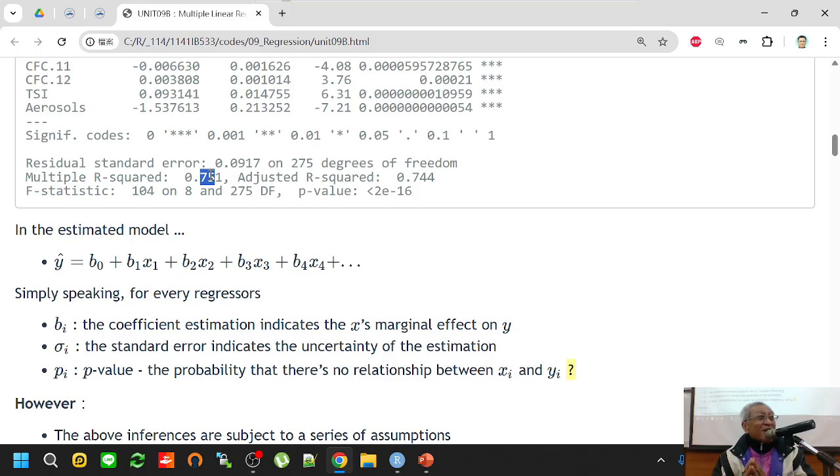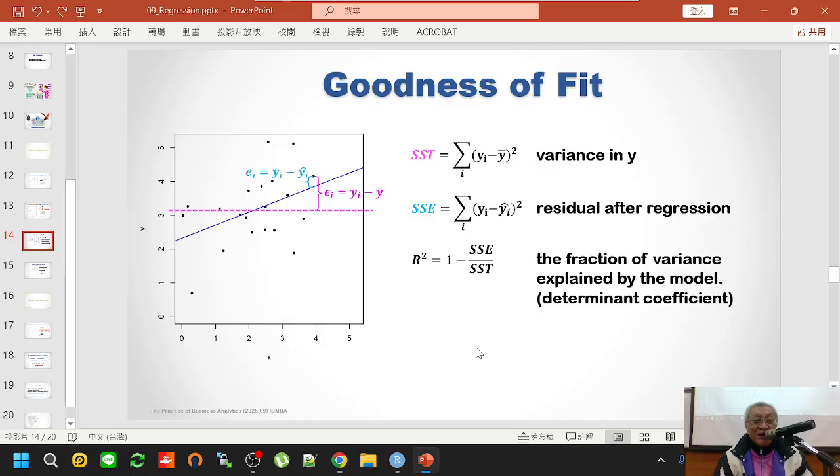You get the point? Okay, so this is one way that we can estimate the accuracy, in another word, the goodness of fit, of a linear regression model.